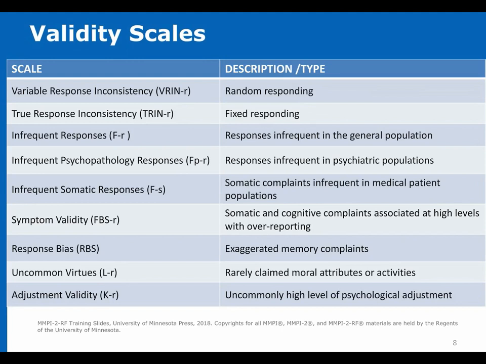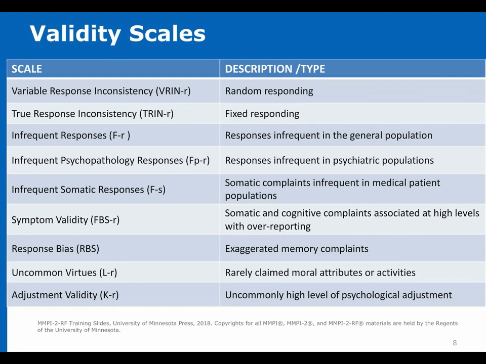The next series of validity scales are designed to assess over-reporting, which is the exaggeration or fabrication of psychological or somatic problems. The first three scales that we'll review here are infrequent responses, infrequent psychopathology responses, and infrequent somatic responses. All three of these scales assess over-reporting by way of an infrequency approach.